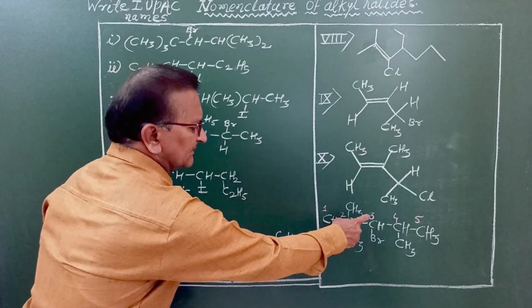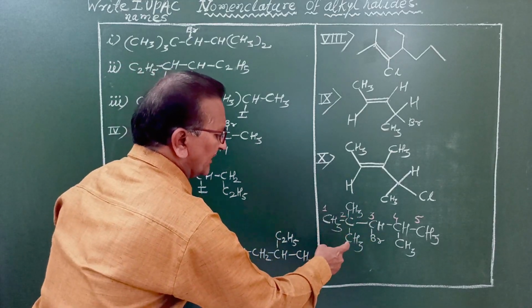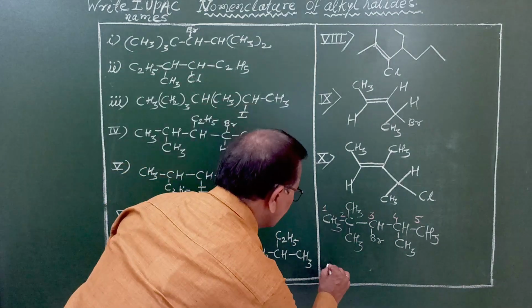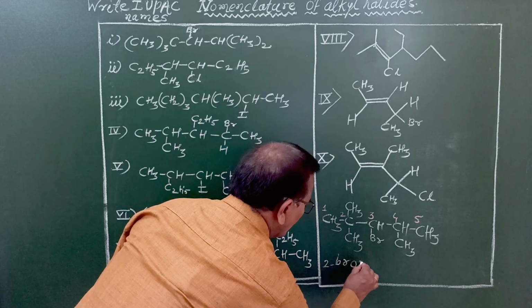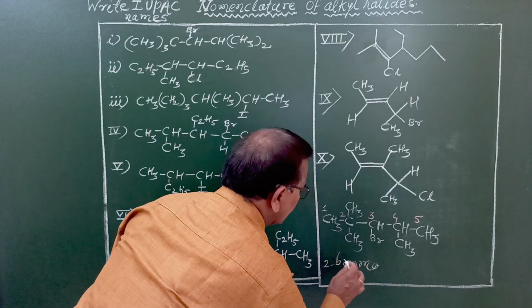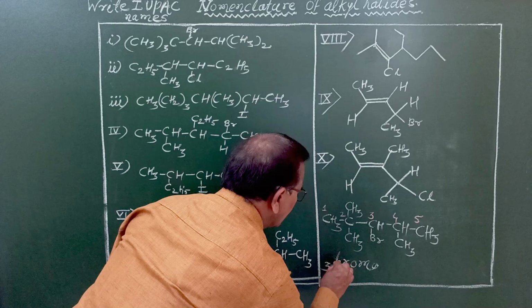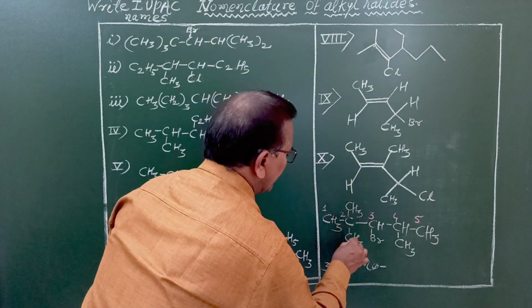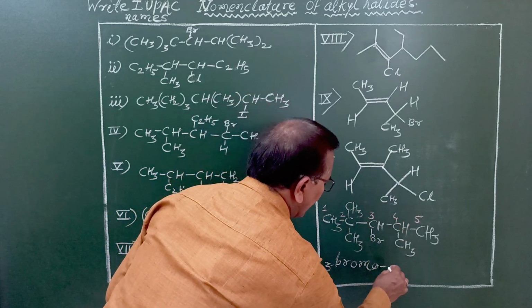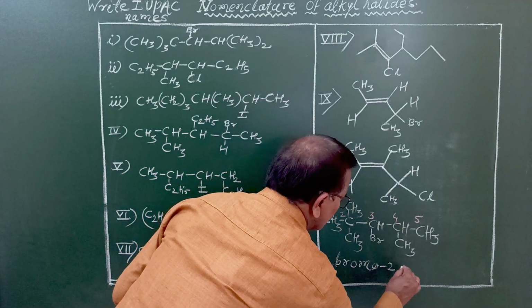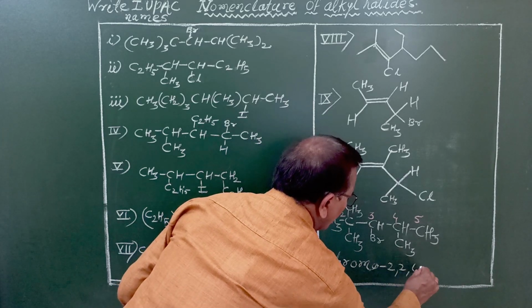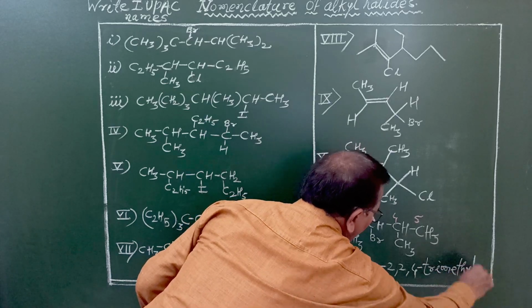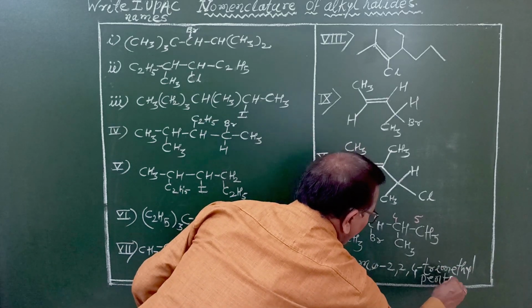Therefore what is the complete name? 3-bromo, then hyphen; the positions of branches 2, 2, 4, then again hyphen, trimethyl, followed by pentane.